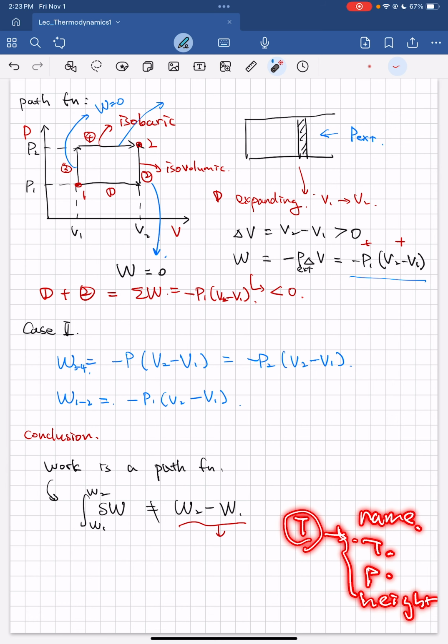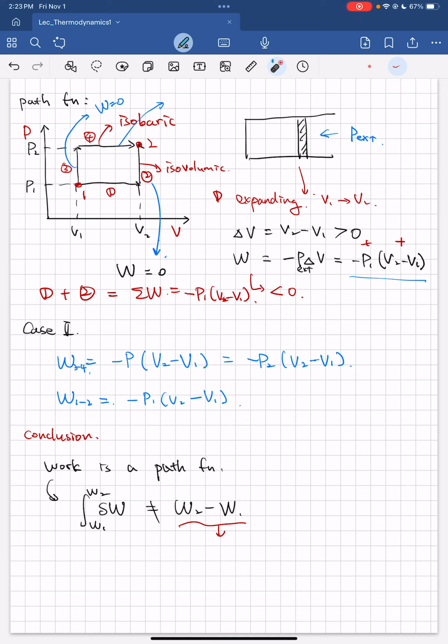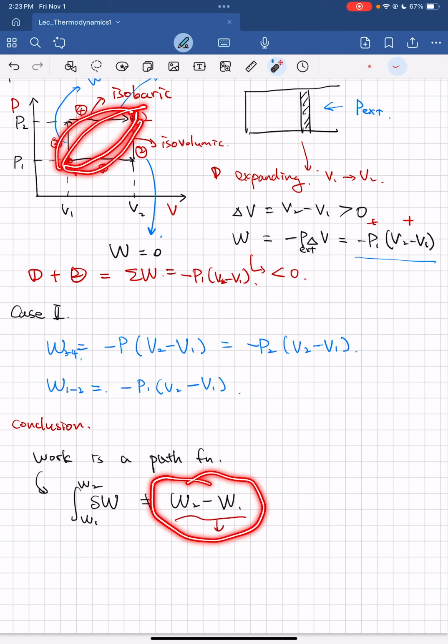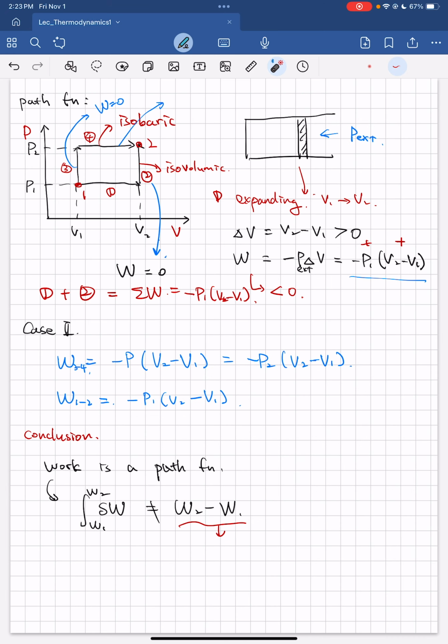All of these are states. Okay? So this is a very simple way of expressing a path function. If you integrate from here to here, it is not going to be work 2 minus work 1, because the routes are different. If you take various routes, it's going to give various values. Okay? So this is a path function.